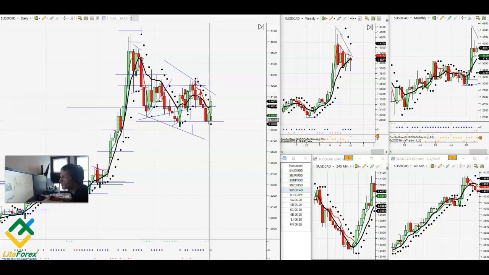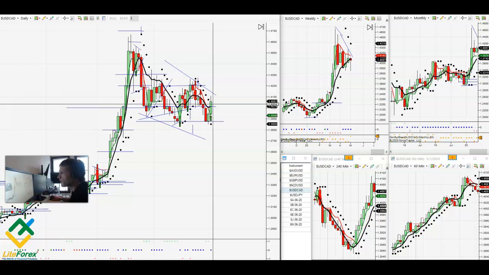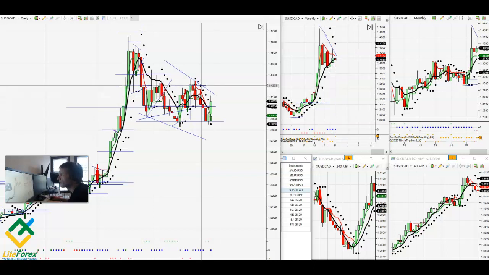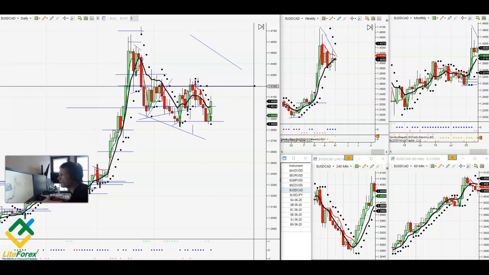And that's exactly what it did do. Bounced, and as of right now we are choppy, but it does look like there's more upside on the USD-CAD for next week. But realistically, we're so choppy that until the USD-CAD can break above 1.42, we're just in a range.